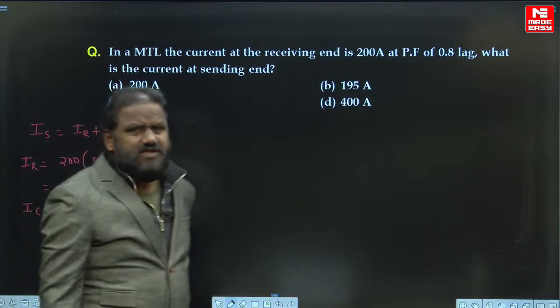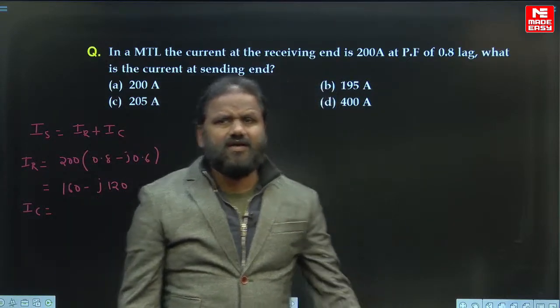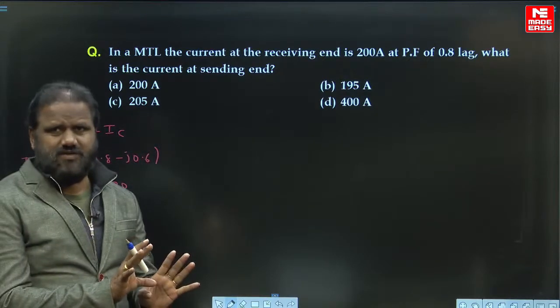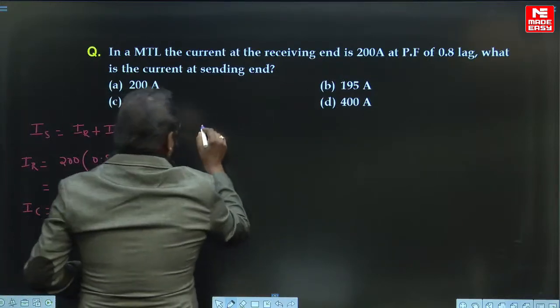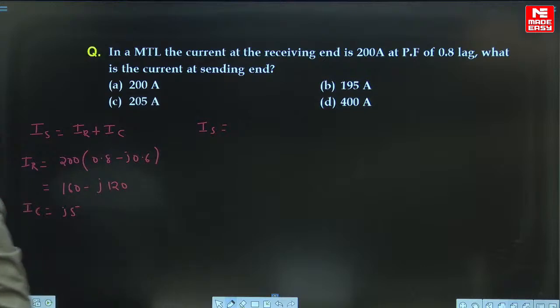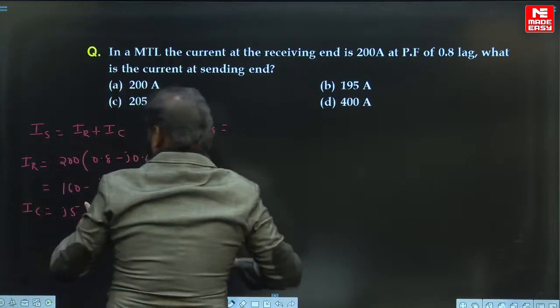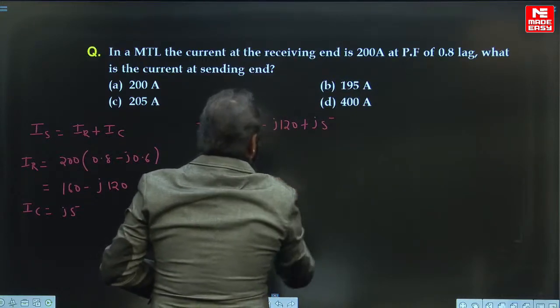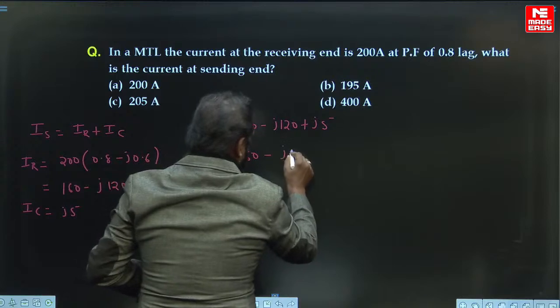I told you just now that the charging current definitely should not exceed 4 amperes. OK, take the maximum as 5 amperes, j5, just for the sake of explanation. If you add these two, IS equals 160 minus j120 plus j5, which equals 160 minus j115.